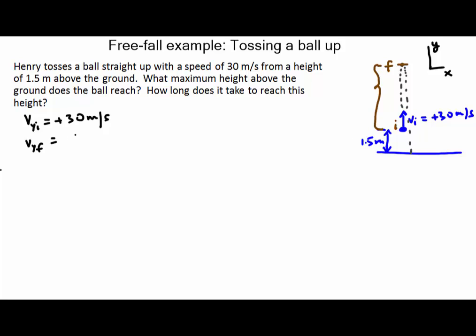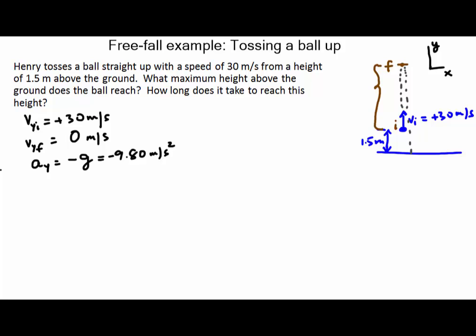So my final velocity is going to be 0 meters per second in this case. And I also know my ay, which is minus g, which is minus 9.80 meters per second squared. Negative because the acceleration due to gravity points straight down, and my y-axis positive value points straight up.